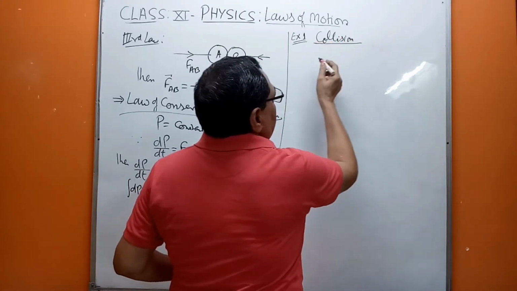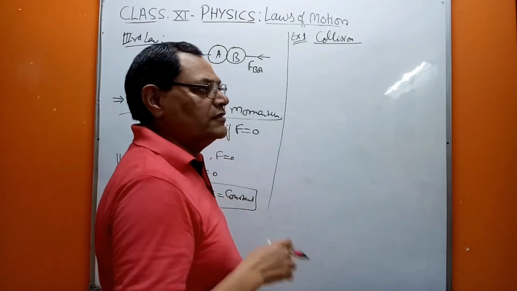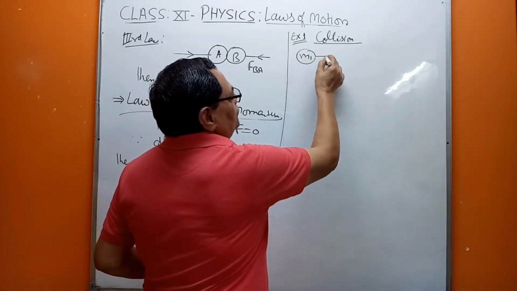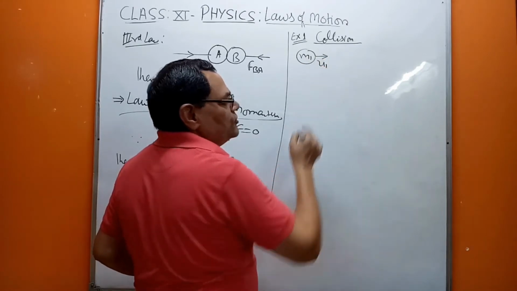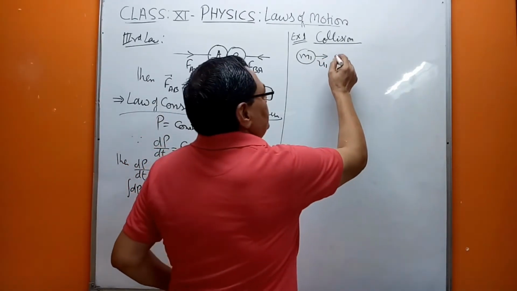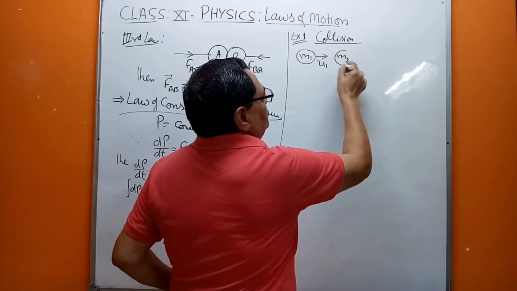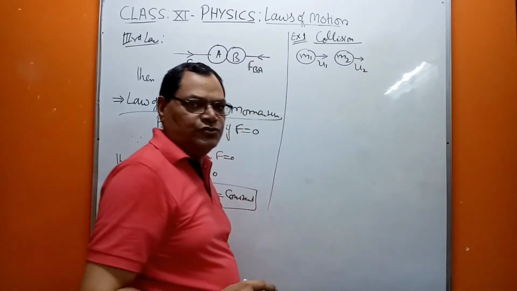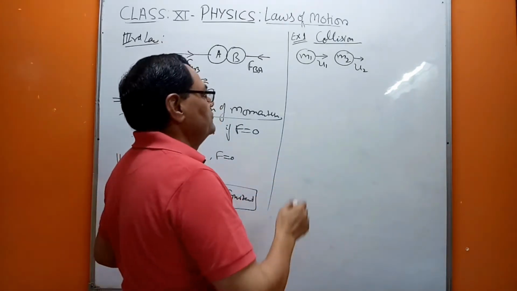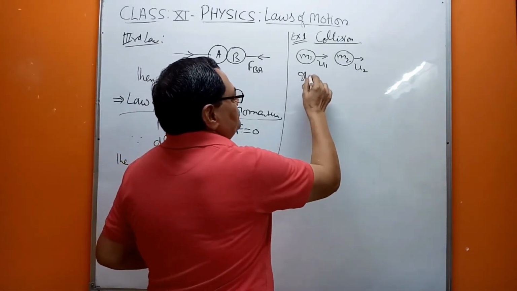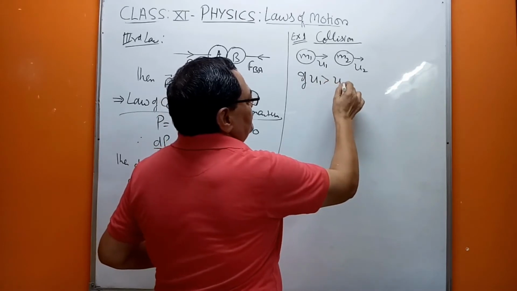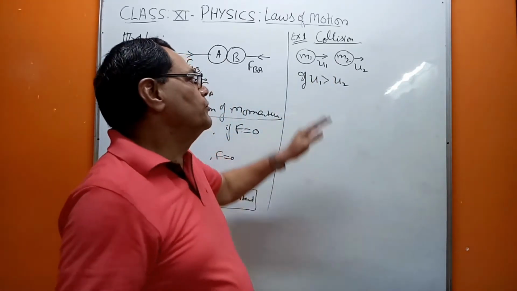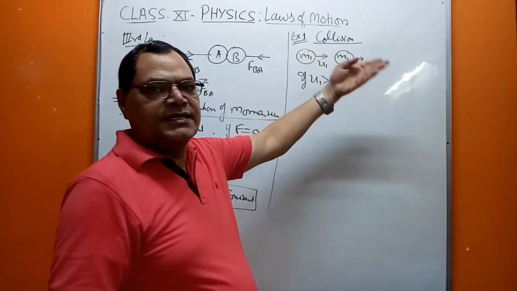Let us take a body of mass m1 moving with some initial velocity u1, and another body of mass m2 moving with some initial velocity u2 in the same direction. Now if u1 is greater than u2, what will happen? The first body moving with velocity u1 will collide with the second body.